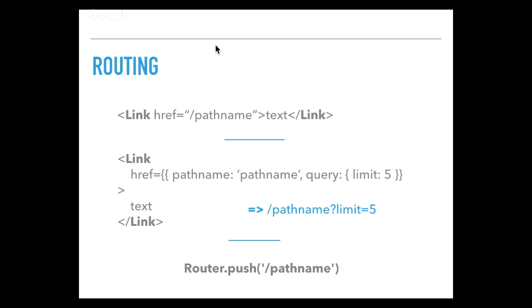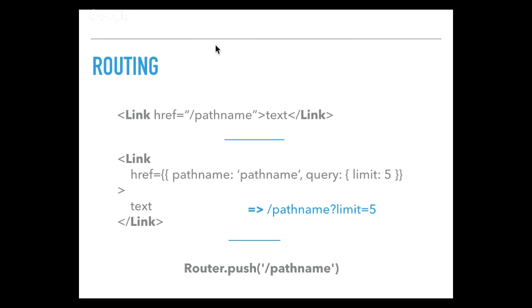And also you can give it not only the string format, but also an object format. I think it's the Node.js URL object format, and you can give it all the fields that are available in that Node.js URL API.